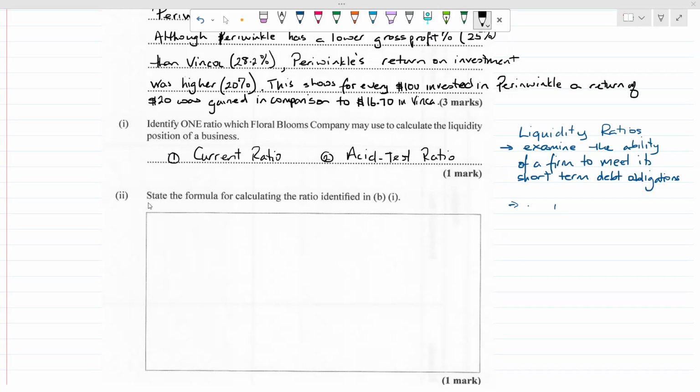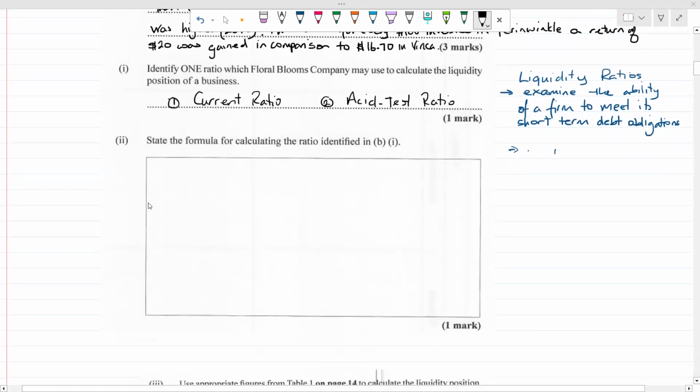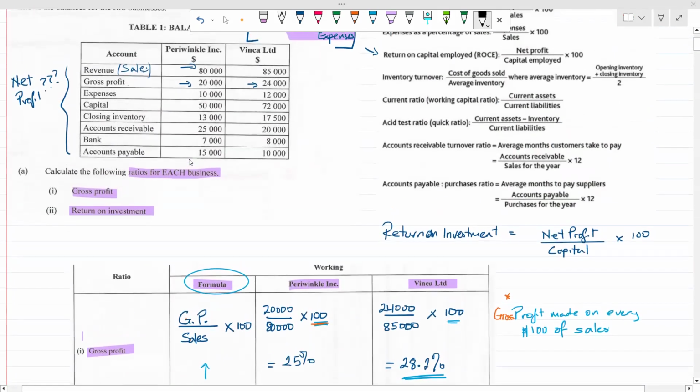Acid test ratio. State the formula for calculating the ratio. You have the current ratio and you have the acid test ratio. Which one do you want to try? We can try the acid test, but we have to make sure we have all the information to do the acid test.